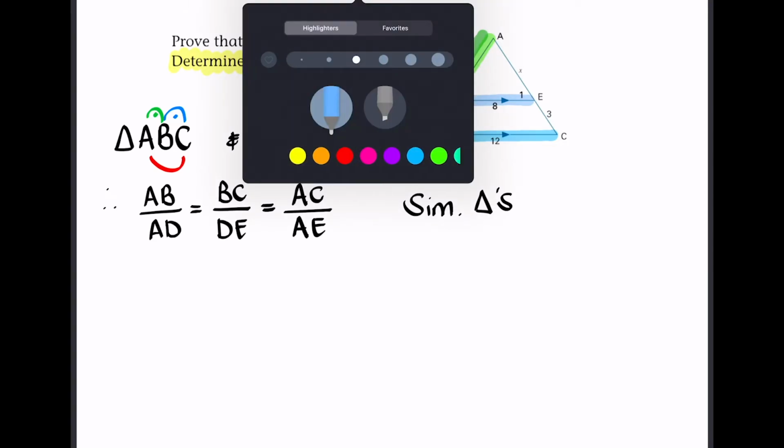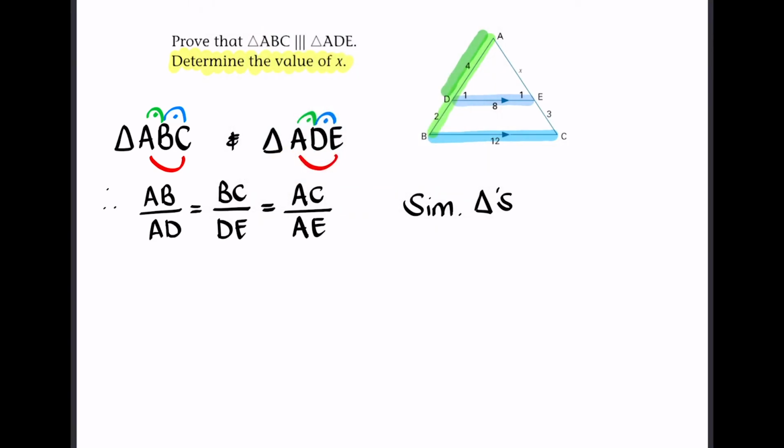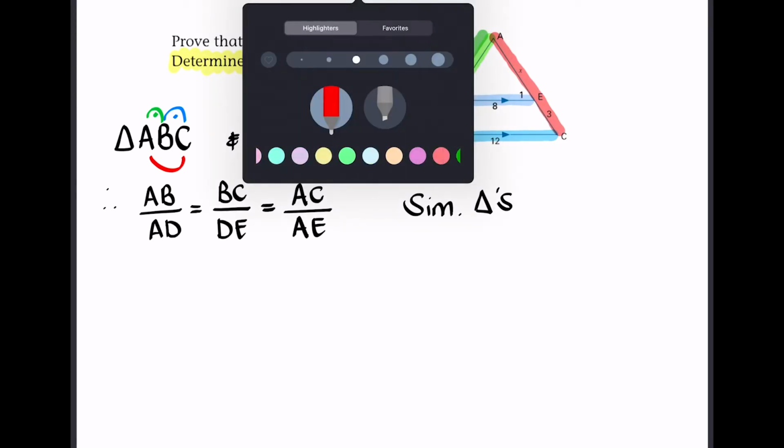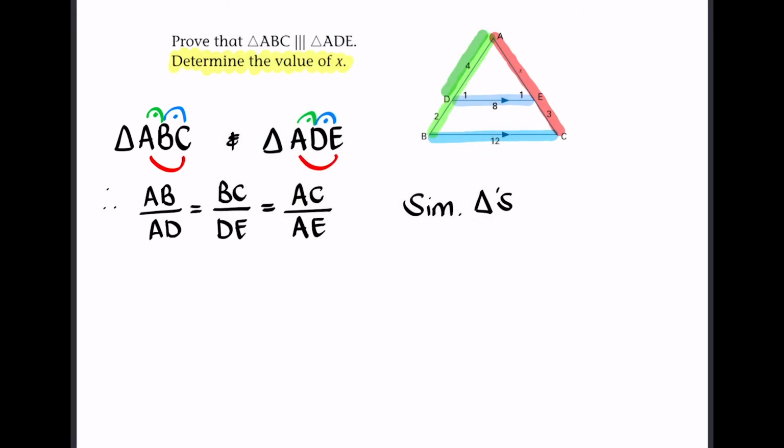And then I have the mouth, which is AC, the full length over here, over AE, the smaller length over here. All right, so I've color coded mine: green, blue, and red.